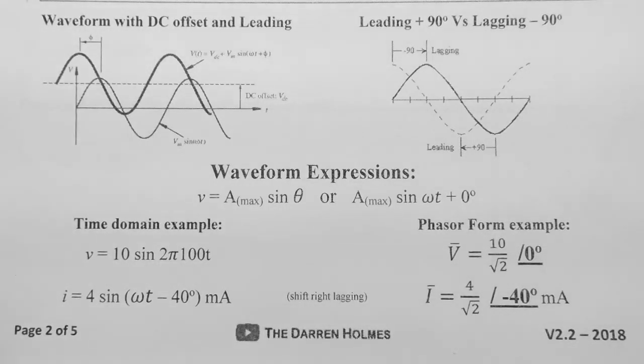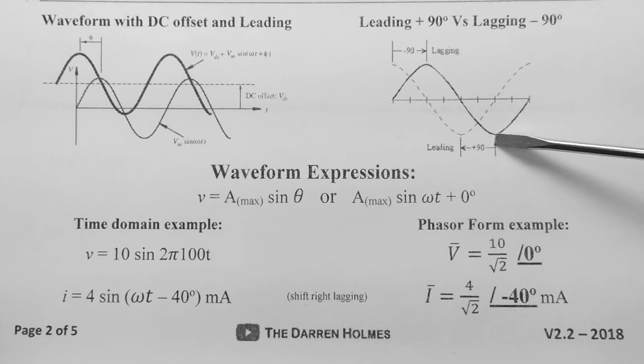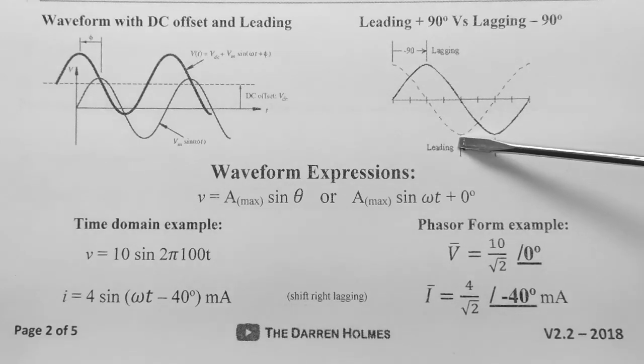So you'll remember back in lab number 2 on phasor and vector review, I had this little graphic here on leading plus 90 degrees versus lagging minus 90 degrees. And when you take a look at the solid waveform and compare it to the dotted waveform, the dotted waveform is actually leading by 90 degrees.